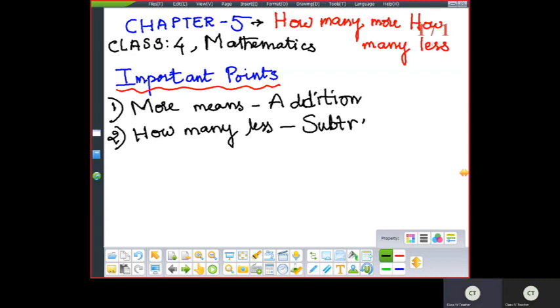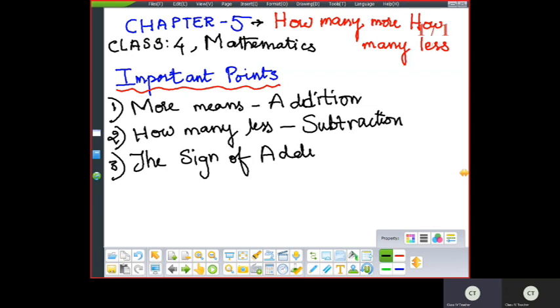Now you see me, children. What is the sign of addition? From first class you are learning the sign of addition. The sign or the symbol of addition is plus. So what is the sign of addition, children? Plus. Plus symbol. Yes, children?